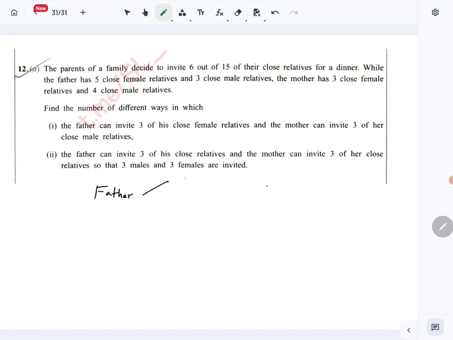Father has 5 female relatives and 3 male relatives, and the mother has 3 close female and 4 close male relatives. So mother, 3 female and 4 male, right? Okay, then what do they ask us to find?